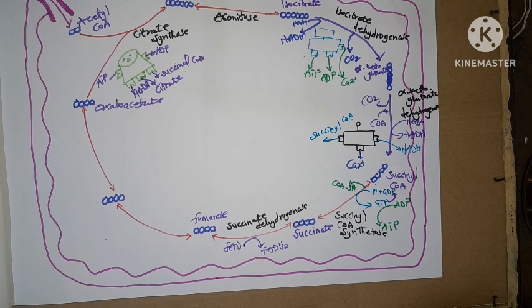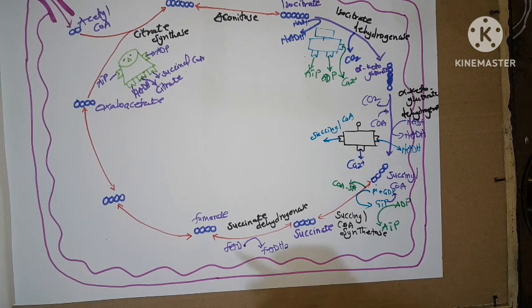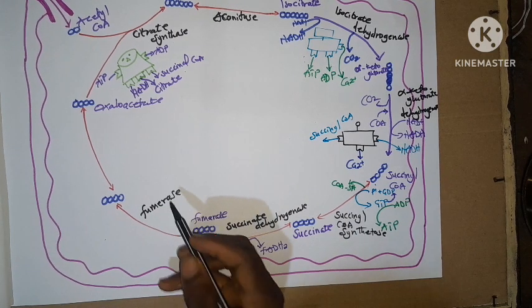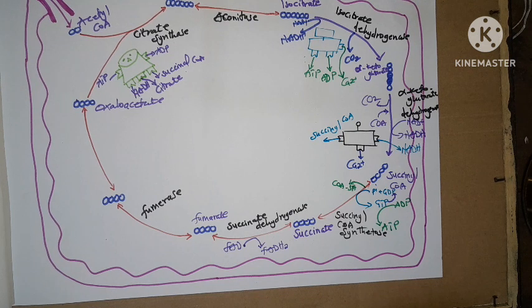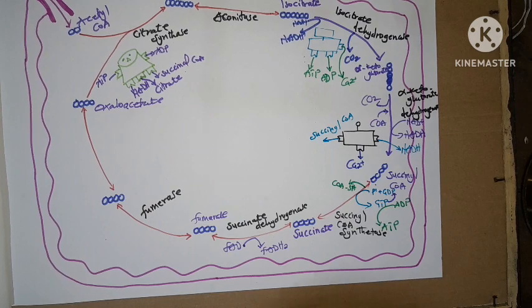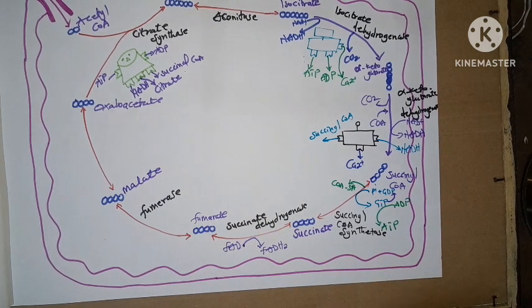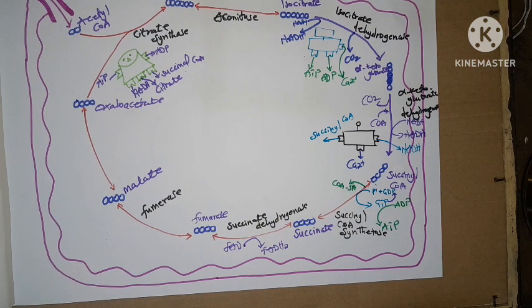After we form fumarate, an enzyme known as fumarase will come and convert fumarate to a molecule known as malate. So the enzyme is called fumarase. It will convert this fumarate to malate. Malate is also a 4-carbon molecule.